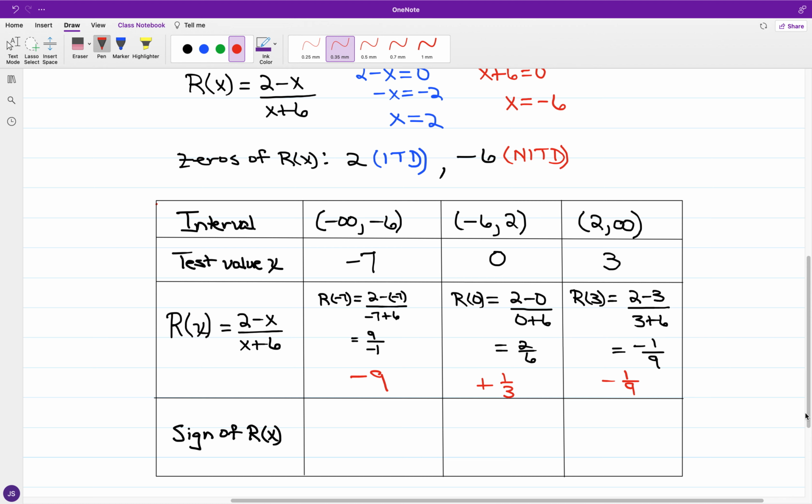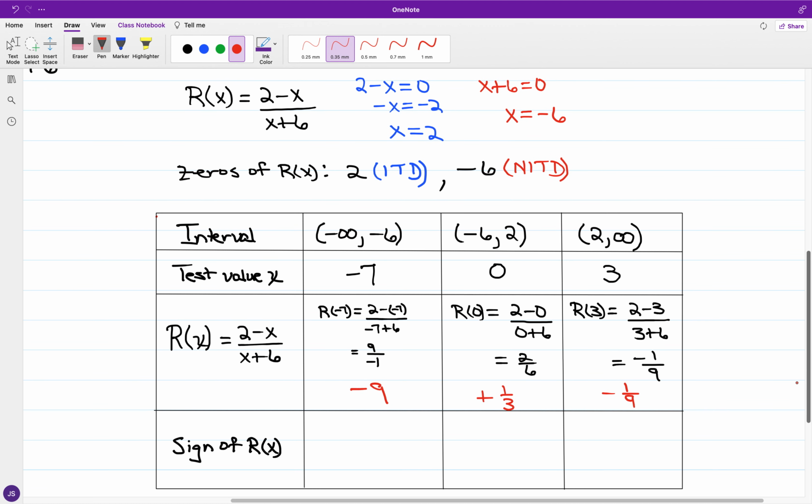And looking at the sign of r of x, for values of the input less than -6, we'll have a negative output. So we're going to have r of x is less than 0. Anything greater than -6 and less than 2, the output is going to be positive. So we have r of x is greater than 0, and then for values of x greater than 2, the output will be negative.